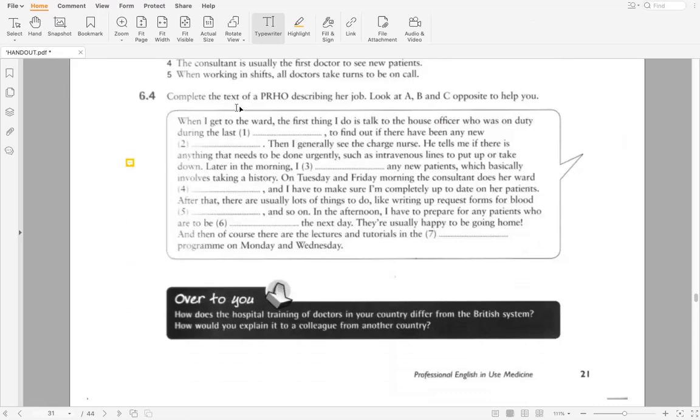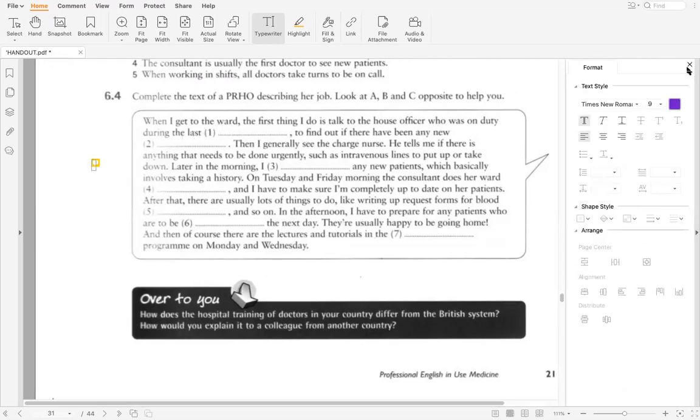Complete the text of a PRHO or house officer describing her job. Look at A, B, and C opposite to help you. We will look at the words in A, B, and C in order to be able to answer this part.